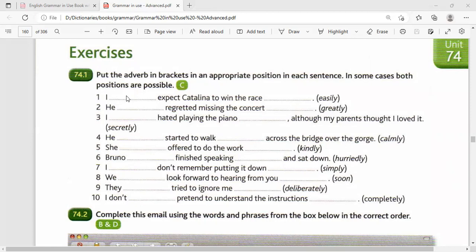Number 4. He started to walk calmly, or you can say he calmly started to walk. Both of them are correct.